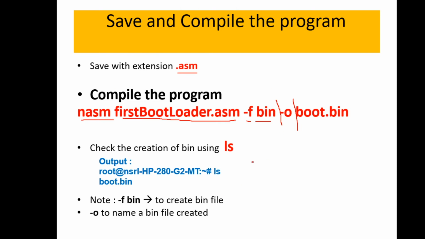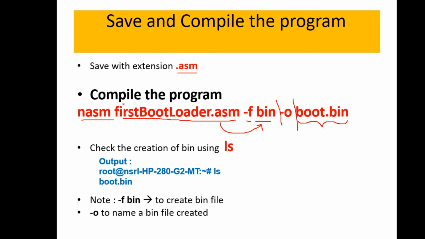So -f is used to create a bin file. First we are converting an assembly file to a binary file. The -o name is used to name the bin file created. We are going to create a bin file with the name boot.bin, which is the name of the bin file created for this first bootloader.asm.